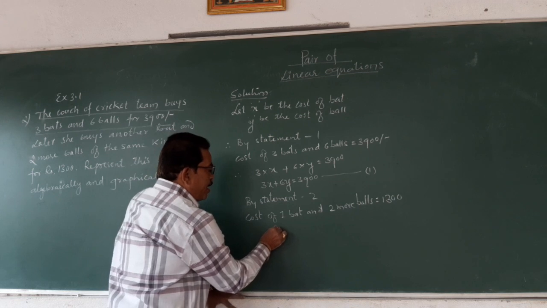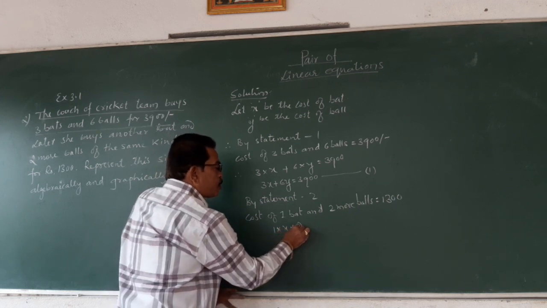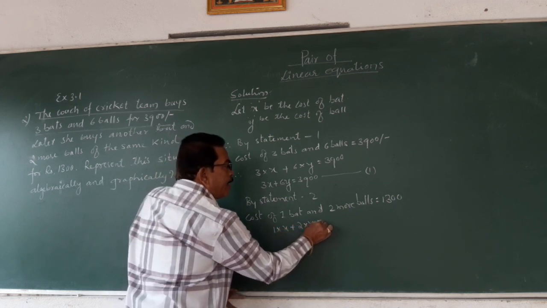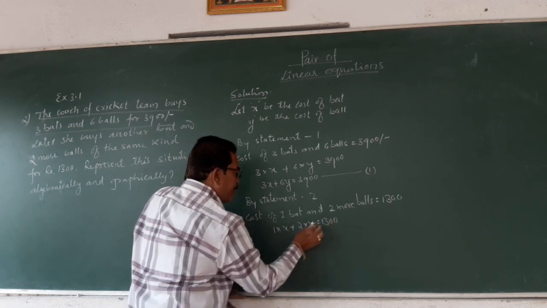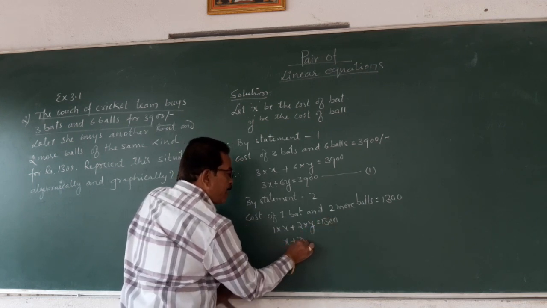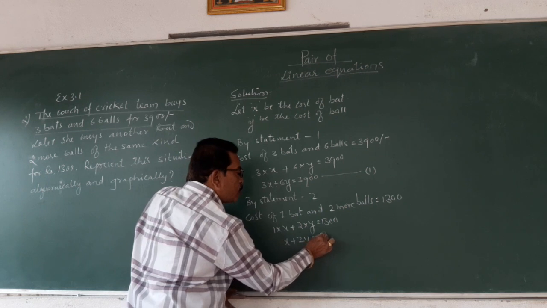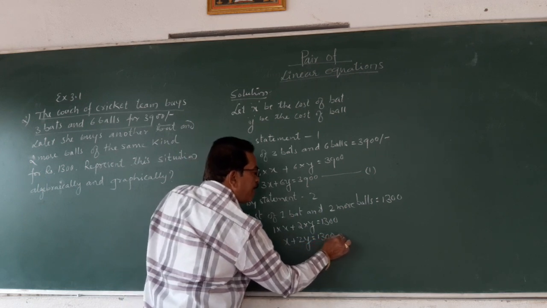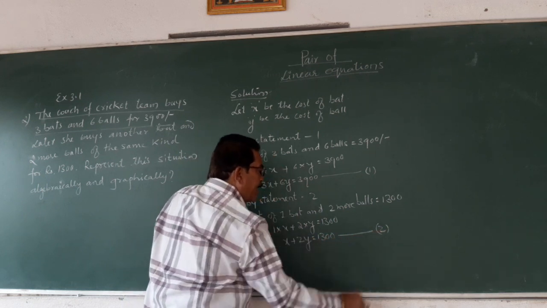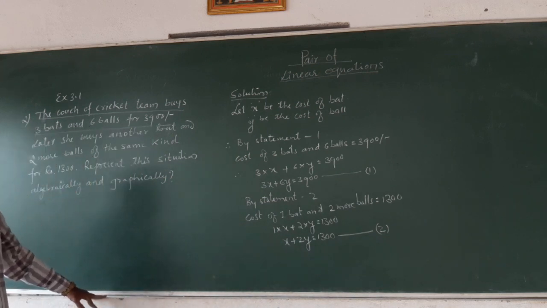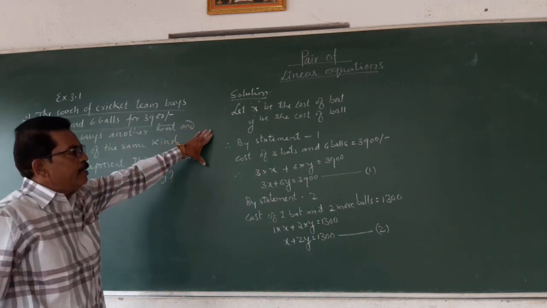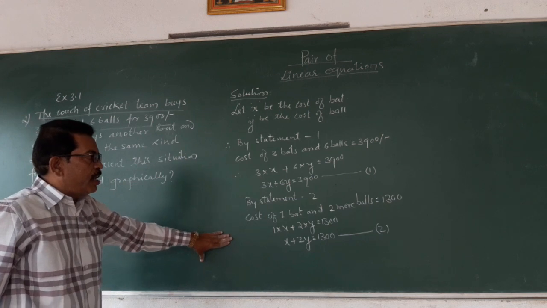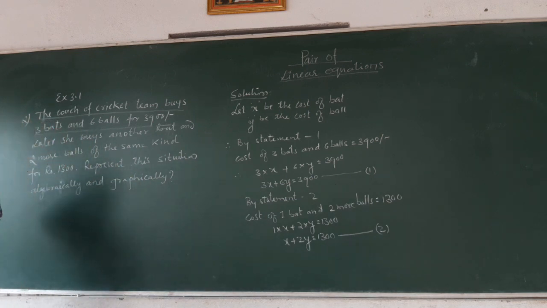So 1 into X plus 2 into Y equals 1,300. That is X plus 2Y equals 1,300. Equation second. This is the algebraic representation of the given problem.